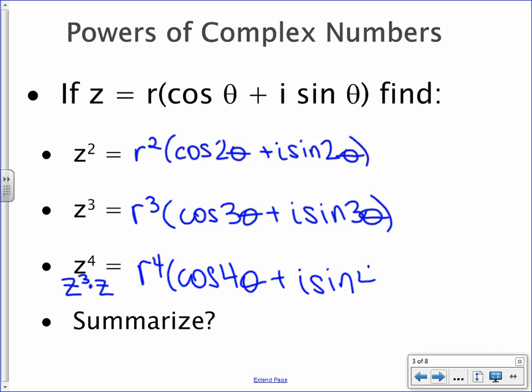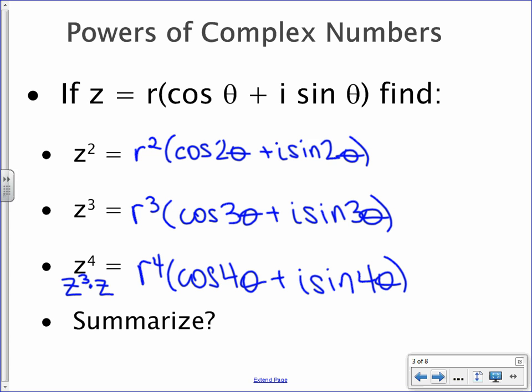Does anybody see a pattern? What's our pattern? Whatever its power, what happens with r? r gets that power. What happens with our angle?